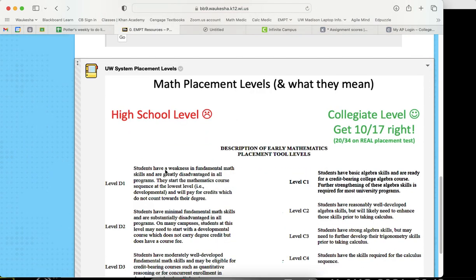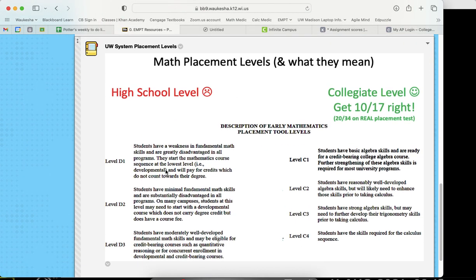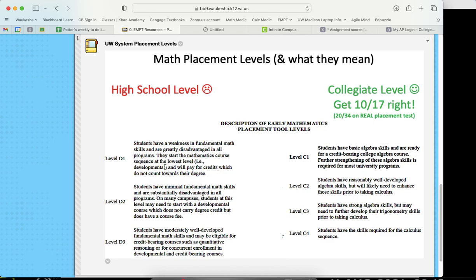But I want you to scroll down here, beneath all that information, to disseminate what all of the placement levels mean. When we look at the placement levels, you fall into one of two categories. You're either a D level or a C level. D means developmental, and that means that you are still at a high school level in terms of your understanding of math.